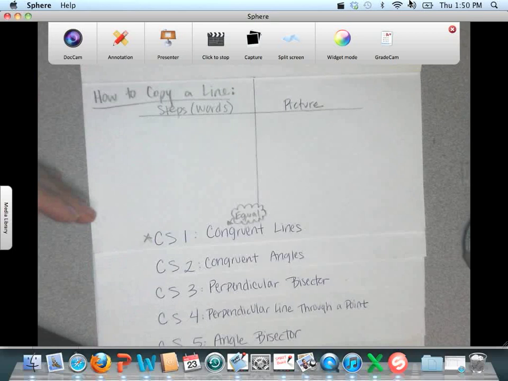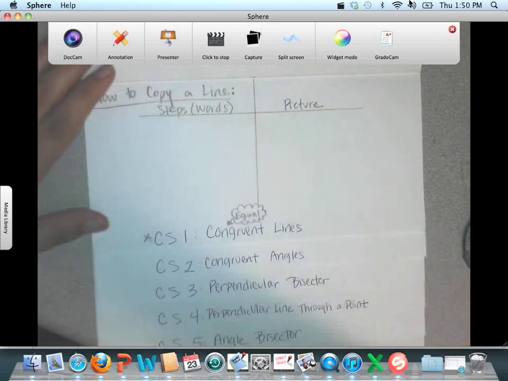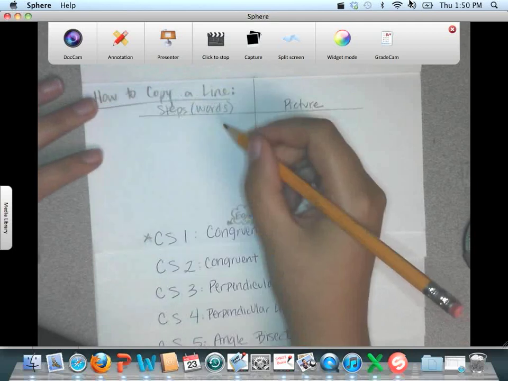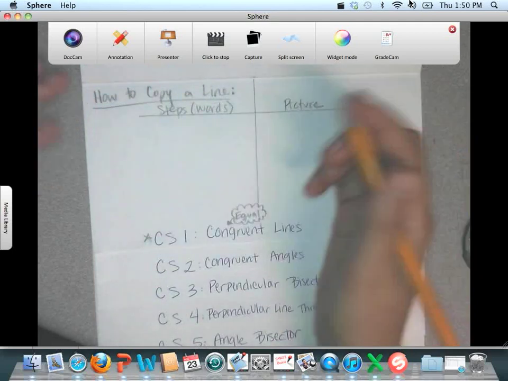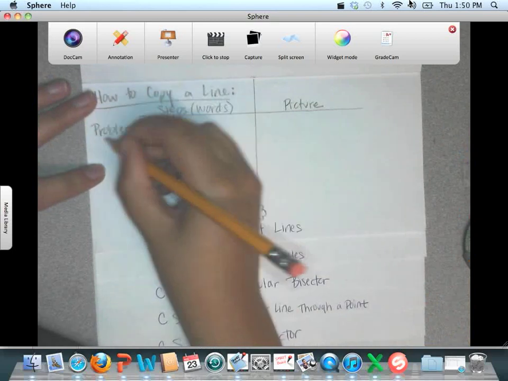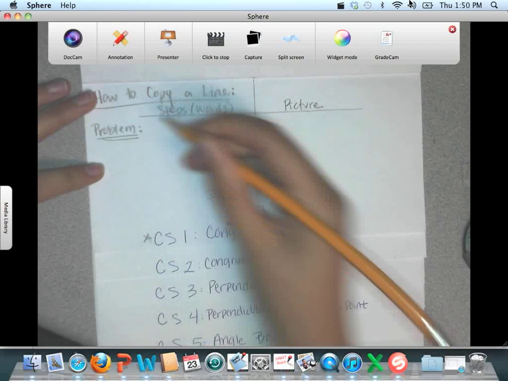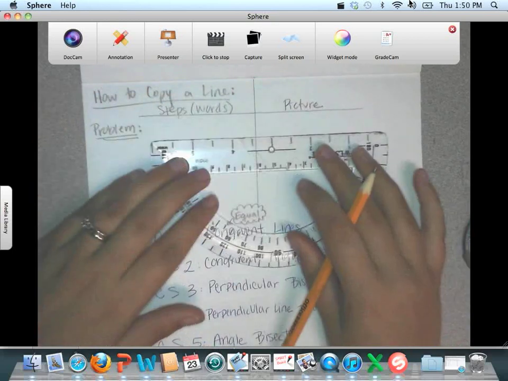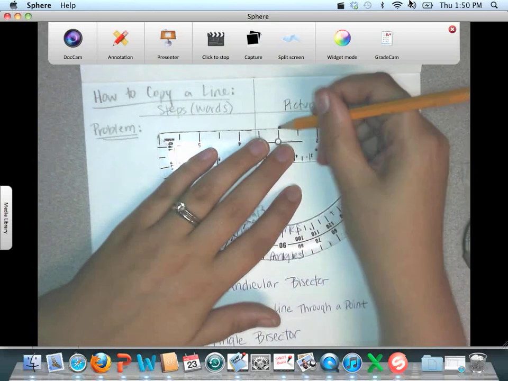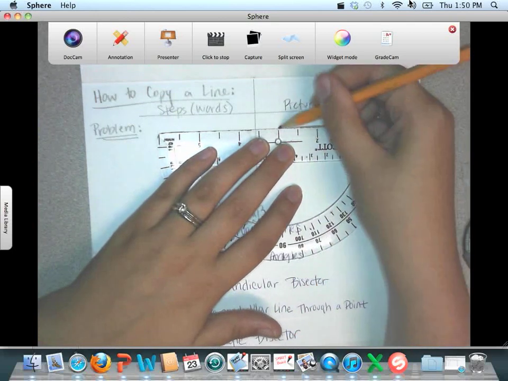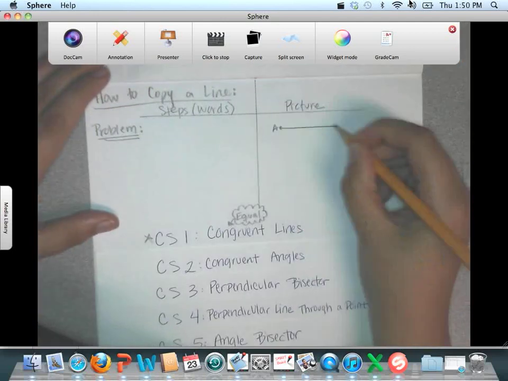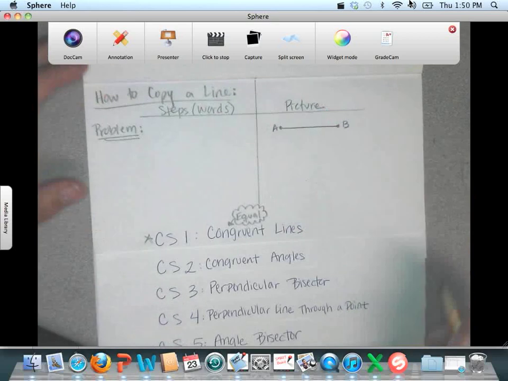Now, it's important to know what the problem will look like. It always starts with step 1, or I guess it would be more step 0. So here's the problem. He'll always give you some line to start with. So I'm going to do it on the picture side. I'm just going to make it a little line. It doesn't matter how long you make it. And we're going to call this line AB, so you put little endpoints.